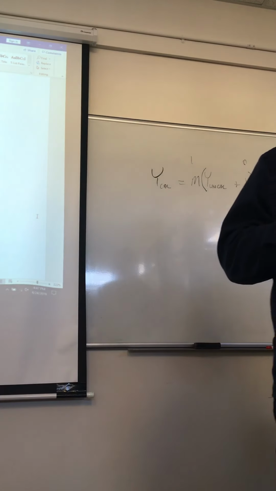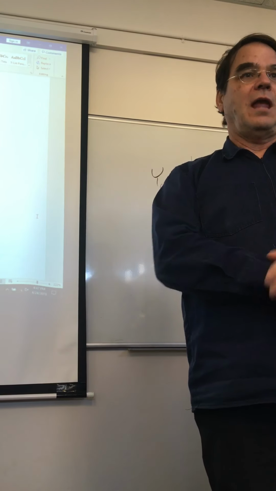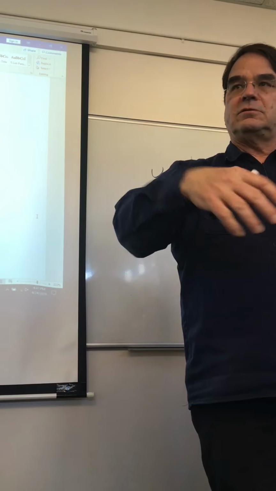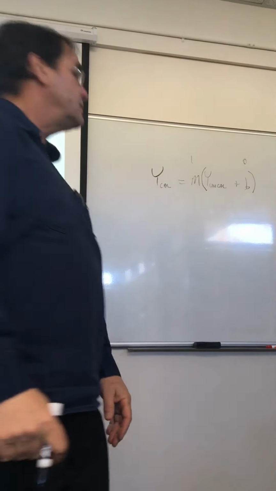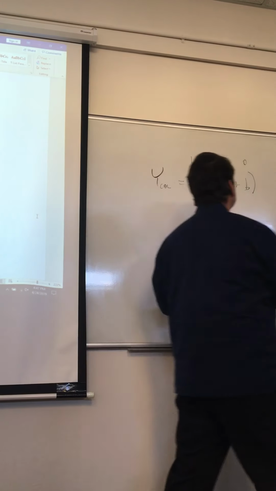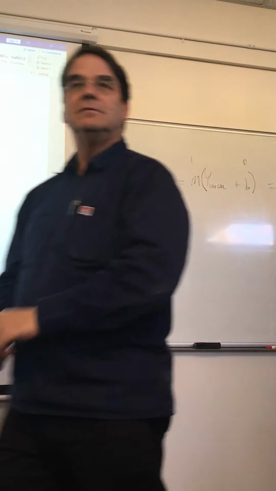You can't have any weird function of x. It can't be squared, or trig, or exponential, or something else. It's got to be linear in terms of x. Well, what happens if I multiply this through? This is equal to mx plus mb. Is that a linear function?